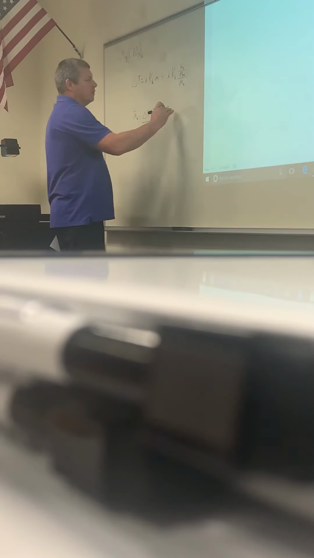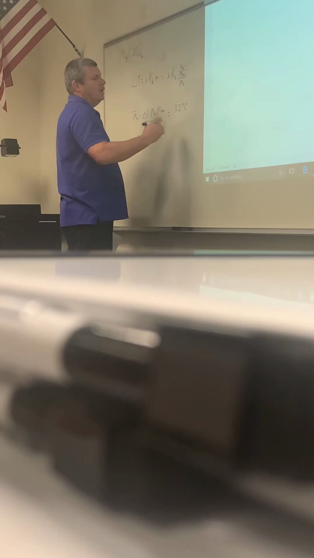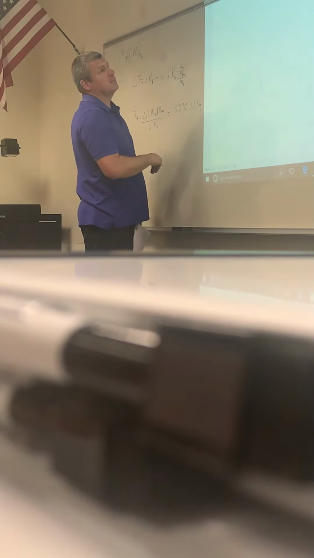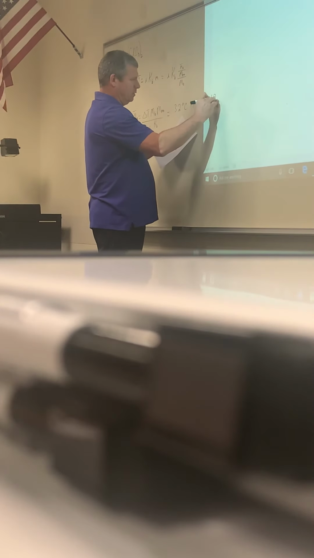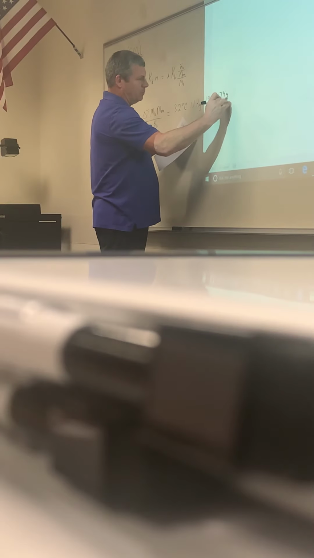100. So we have a 3.2 degree C difference. We have 1.1 kilograms of the water. The molar mass of magnesium chlorate is 191.2074 grams per mole.